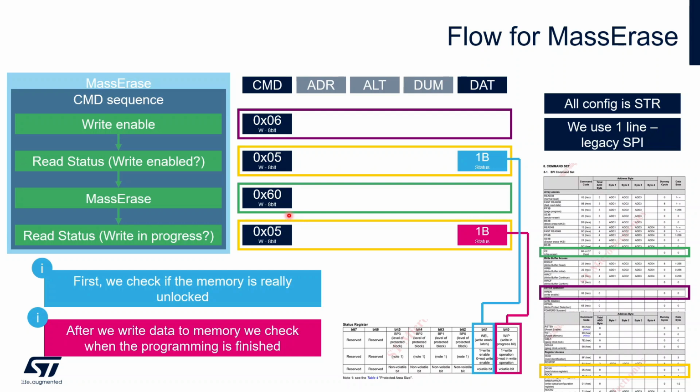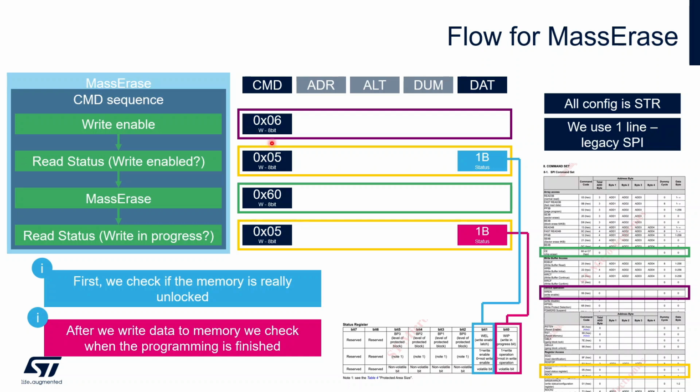However, you cannot simply send him this command, because he will not accept it. Inside the datasheet, for most of the memories, you need to unlock the memory first, which means you need to call the command write enable. Sometimes the write enable is not set in one clock cycle, because the memory can be busy doing other stuff.